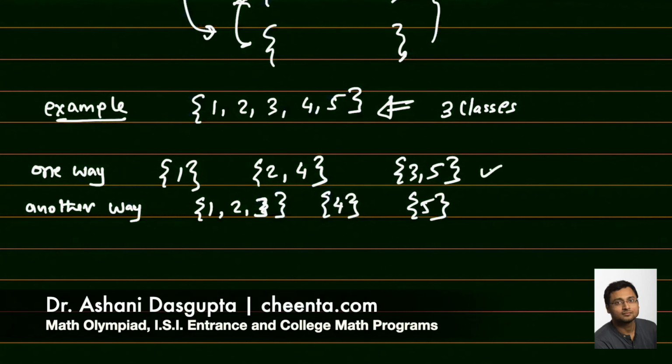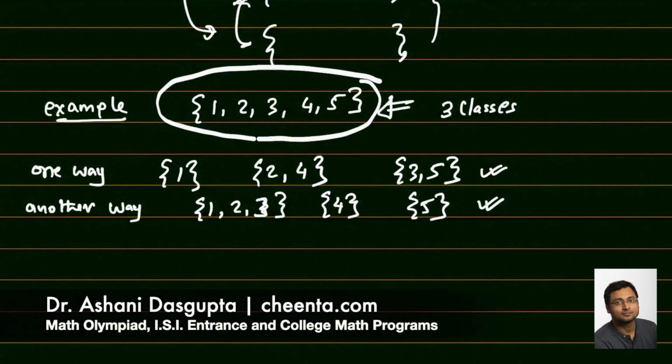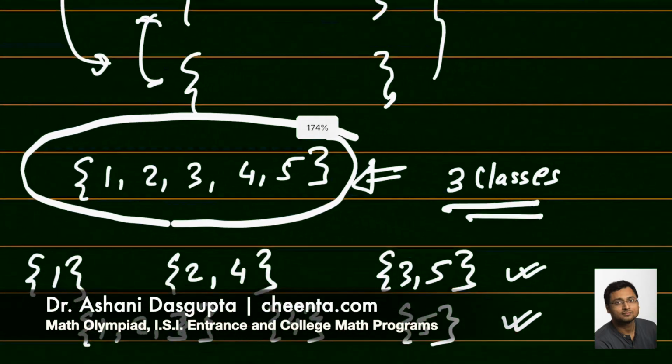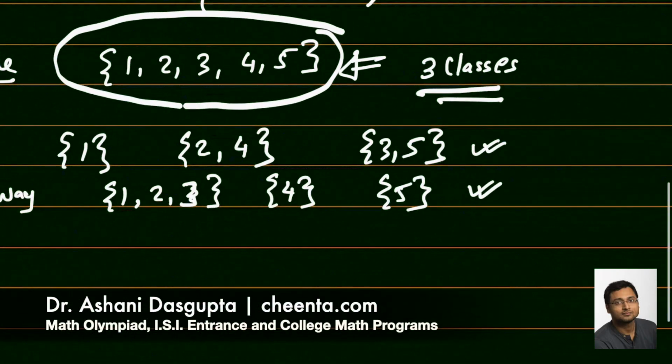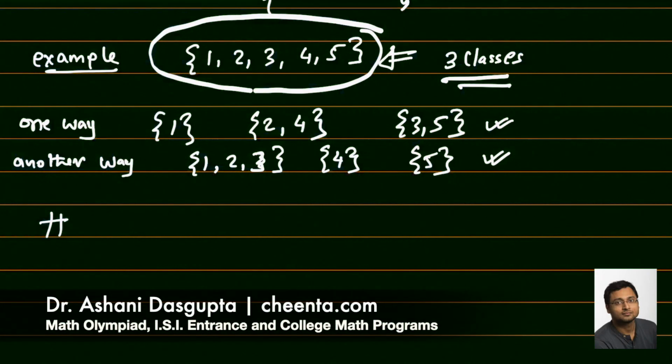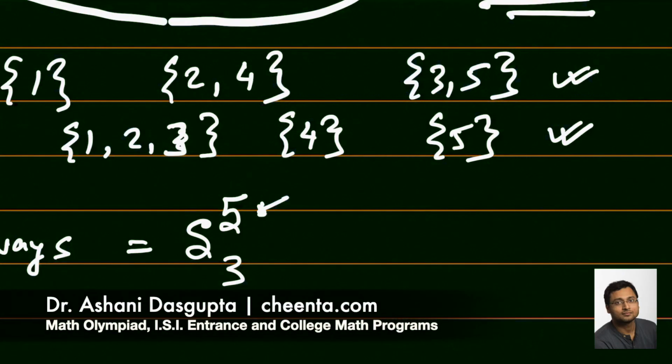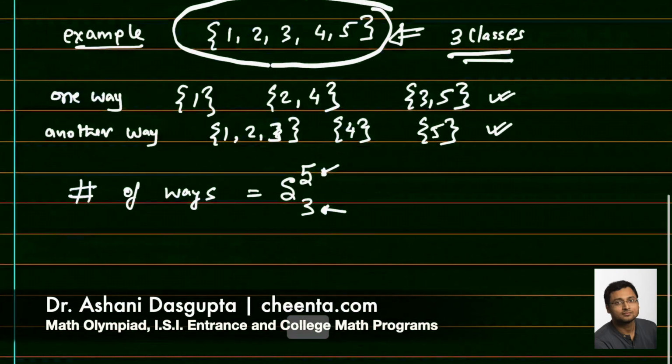So like this, we can count all possible ways of partitioning this particular set containing 5 elements into 3 classes. The number of ways of doing that will be equal to S53. 5 denotes the number of elements of the actual set and 3 tells us the number of classes we should be partitioning it into.